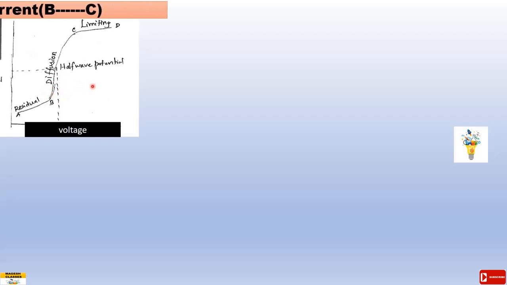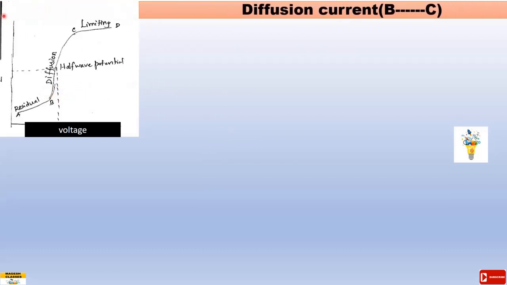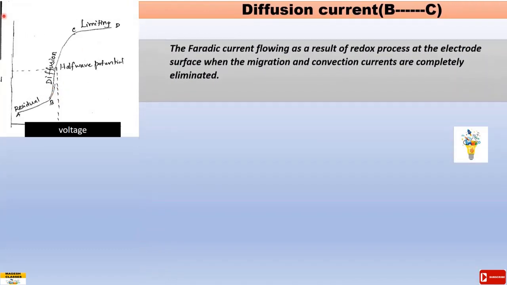So what is diffusion current? In the polarogram, the portion from B to C is called the diffusion current. How does it arise? It arises because of the deposition potential of the analyte ions.